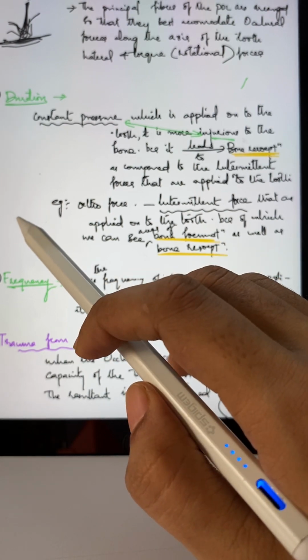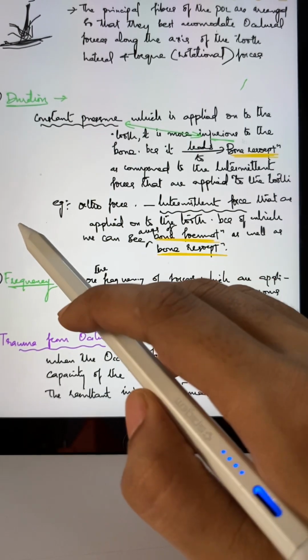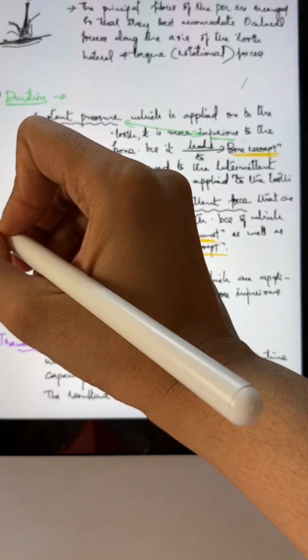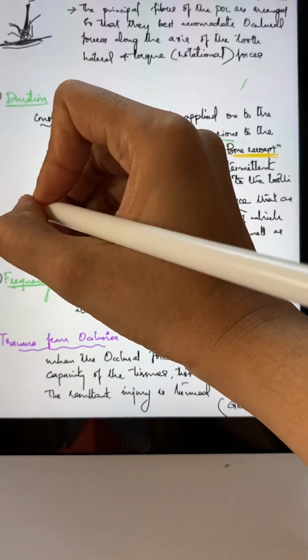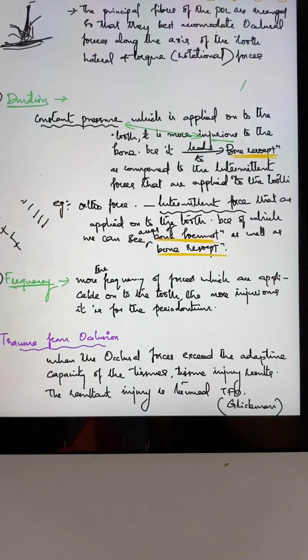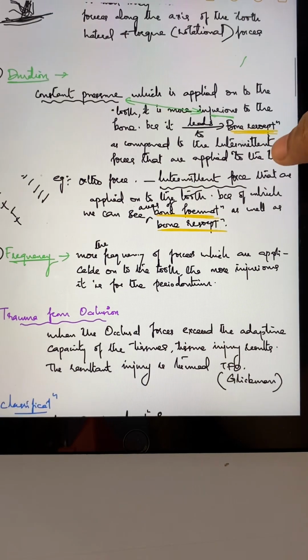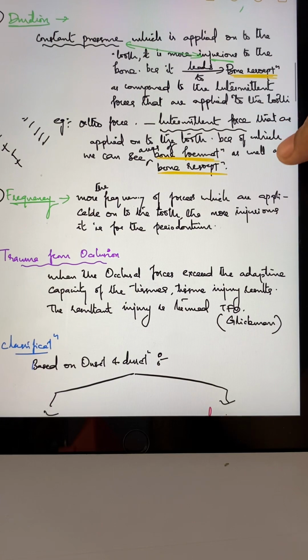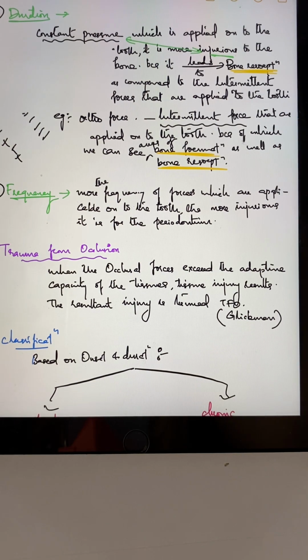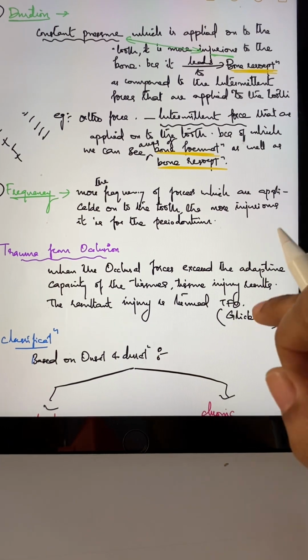In such a case, we can see areas of bone resorption and other areas of bone formation. So this is the duration. And next is the frequency. The more frequent the forces applied onto the tooth, the more injurious it is to the periodontium.